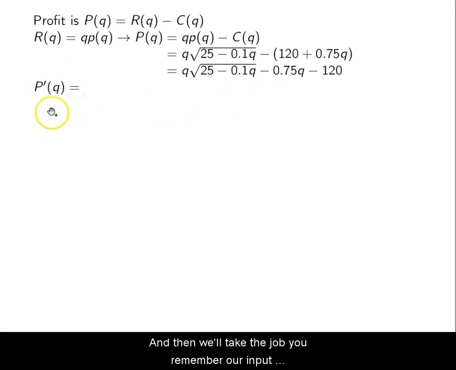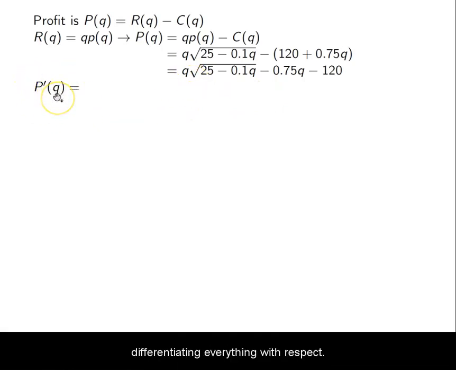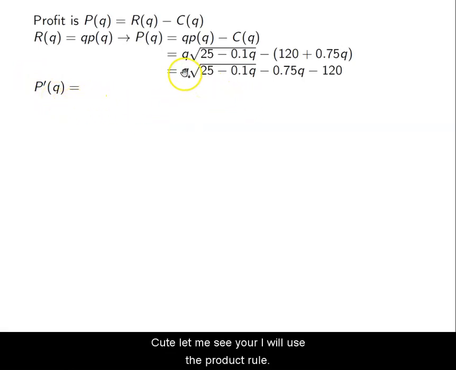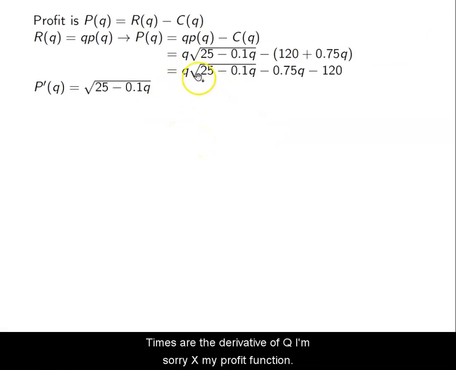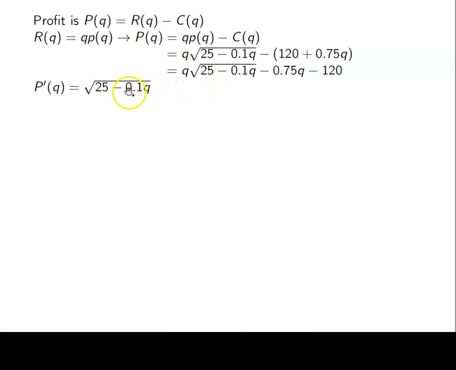Remember, our input value is Q, so that is our independent variable. So we're differentiating everything with respect to Q. Here I will use the product rule. Here this just goes to negative 0.75 and the 120 will just disappear. So I get Q times the derivative of Q, which is 1, times the square root of 25 minus 0.1 Q, which stays the same.